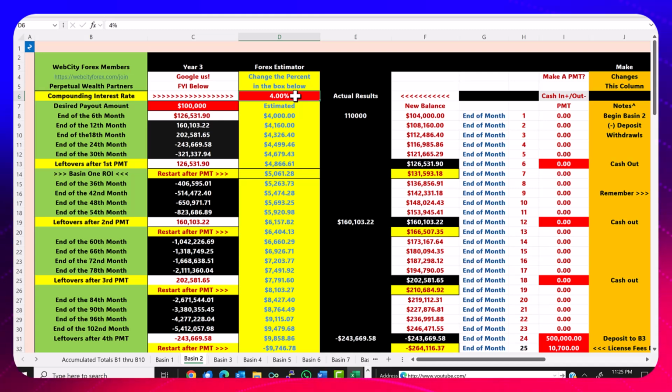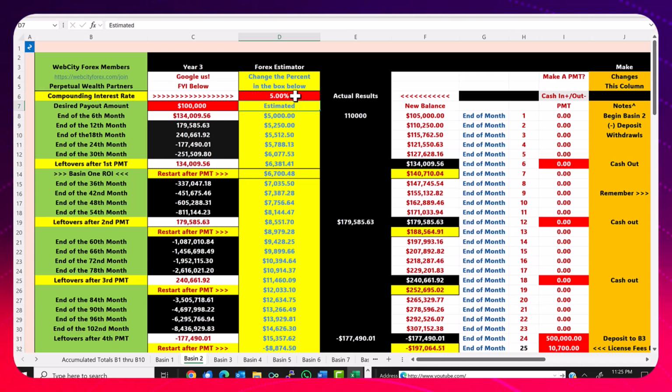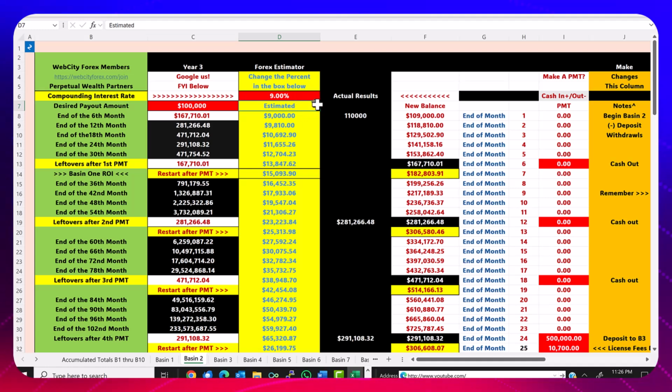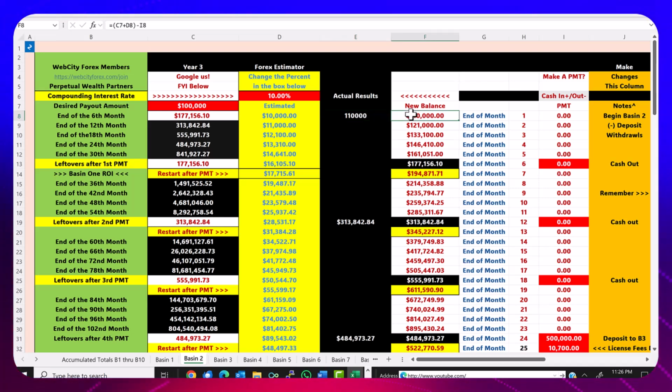So let's try 5%. Well, let's try 9%. I think I saw that it was going to be 10. So you can put 10% in here. Now you've got a number that's equal to this one, and this is what you actually made was 10% on your first month.